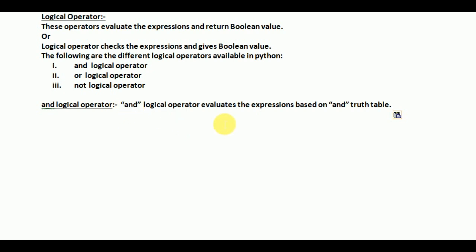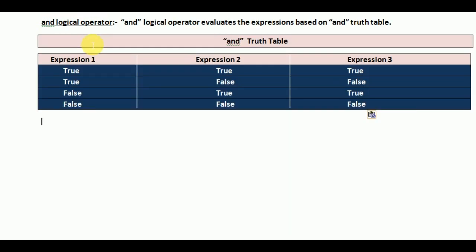The AND logical operator evaluates the expressions based on the AND truth table. So now we will see the truth table of the AND operator. Now this is the AND truth table.